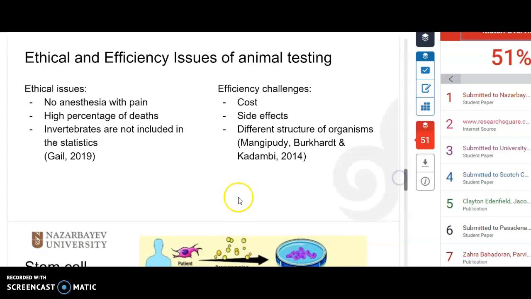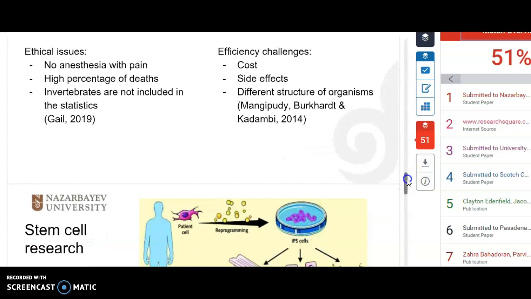Instead, you can say, for instance, why the Gale source, for instance, has influenced you. How has it shaped your interest in the topic? Well, it helped you. It highlighted some of the ethical issues involved, such as this, and that. Why was the Manikpudi another? Why is that source? How did that shape your interest?